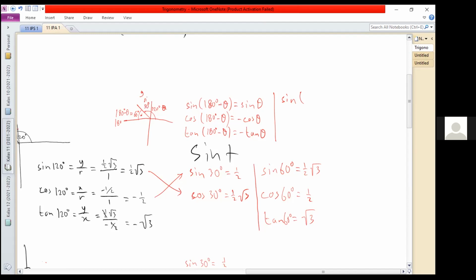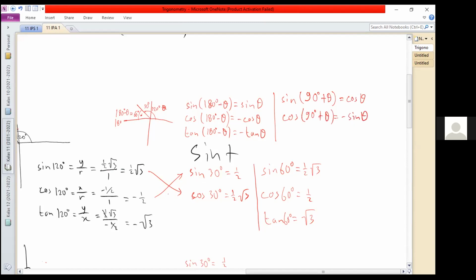So if we have sine of 90 degrees plus theta, in this case the theta is 30 degrees, then it is equal to the cosine. Then for the cosine of 90 degrees plus theta, this is equal to negative sine of theta.